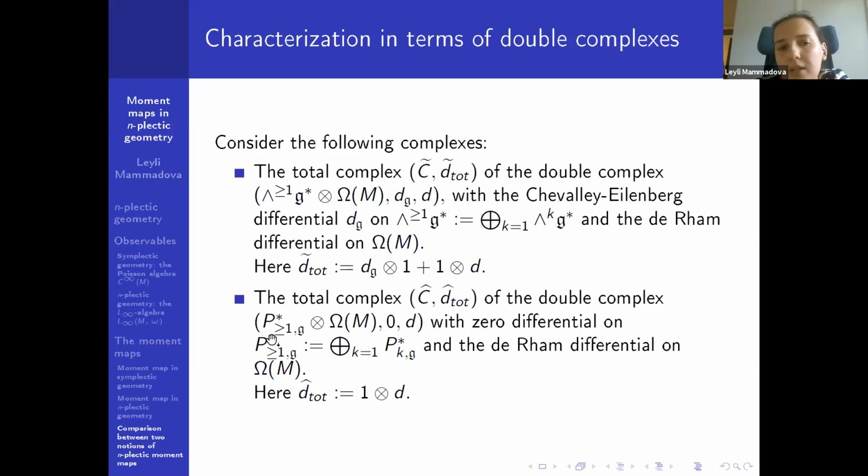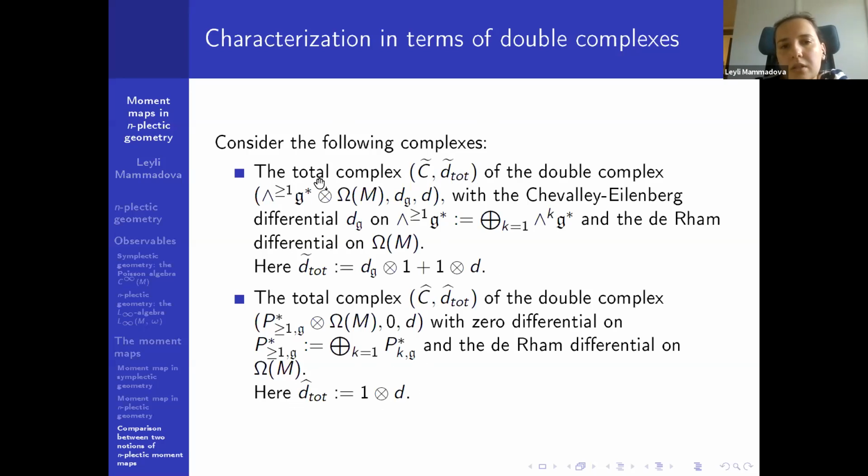And in the second one, we consider a similar tensor product, but this time we're tensoring with this object right here, which is just the direct sum of the duals of all those p_k, so all those Lie kernels. And this one also has a total differential. We will denote this one by C hat, this one by C tilde.